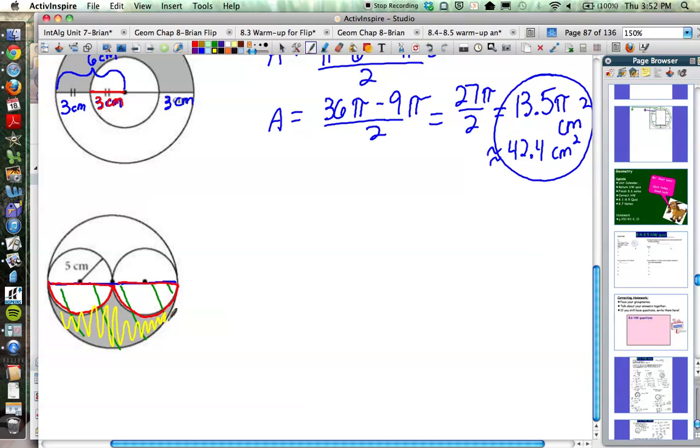So let's see what we can do here. That really is this semicircle, this blue semicircle right here, minus the area of one red circle, because these two semicircles could be pieced together into one red circle.